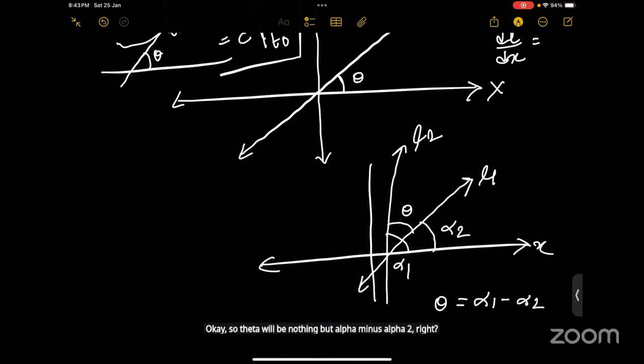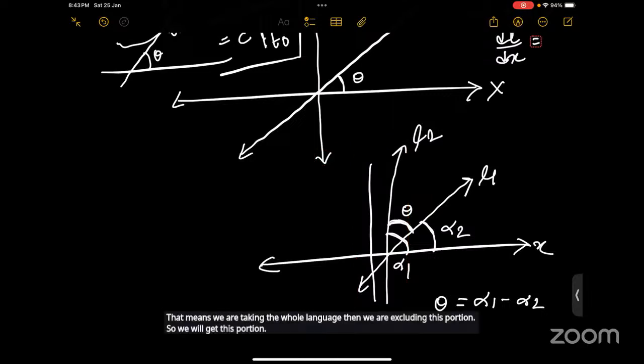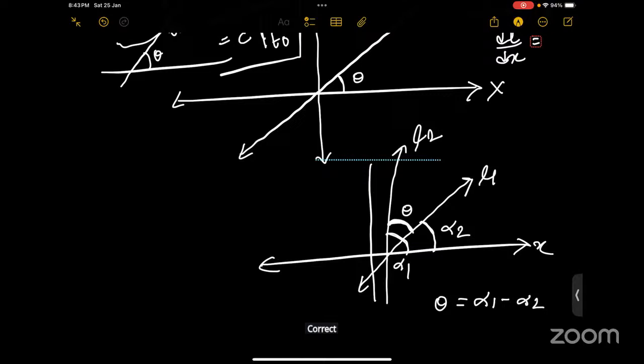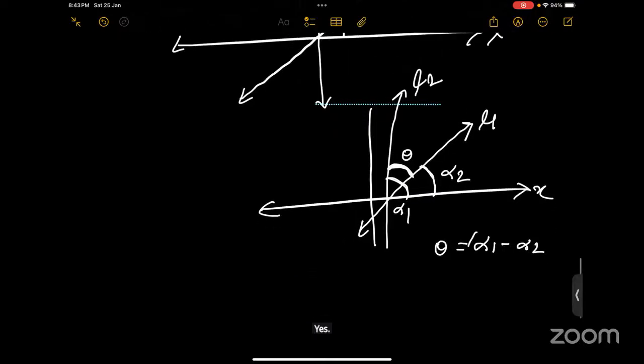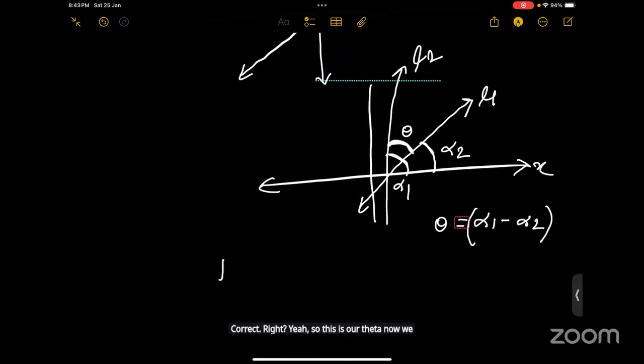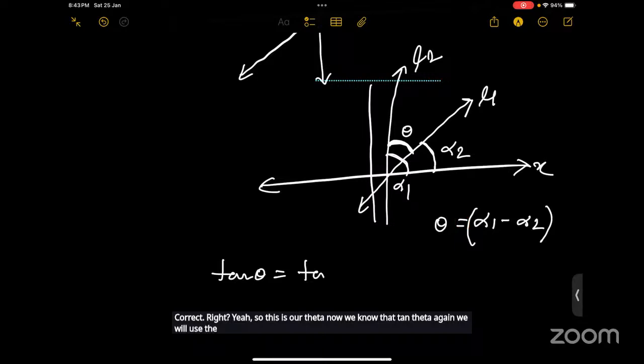That means we take the whole angle and then exclude this portion, so we get this portion. So this is our theta. Now we use the trigonometric formulas: tan theta equals tan of alpha 1 minus alpha 2.